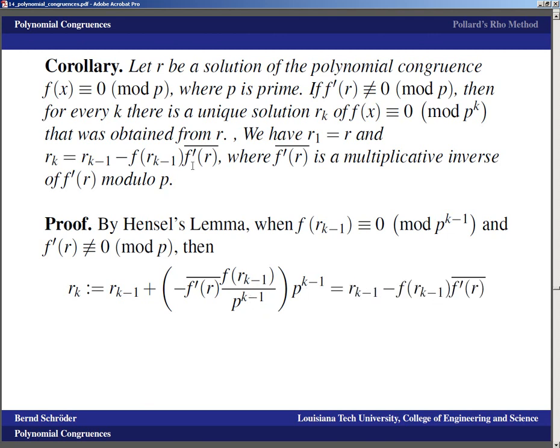That, which is exactly, of course, what is claimed up here, is the next solution. So that satisfies f of r_k equivalent to 0 modulo p to the k, and we have proved the corollary.